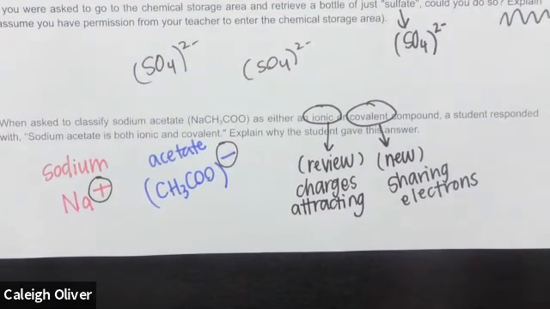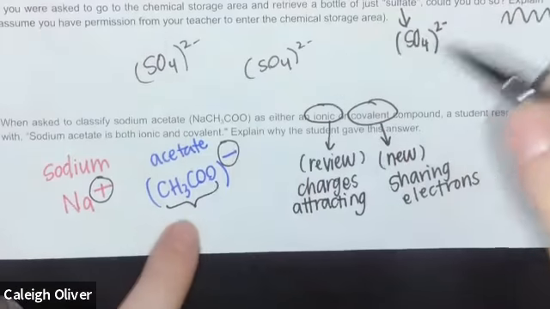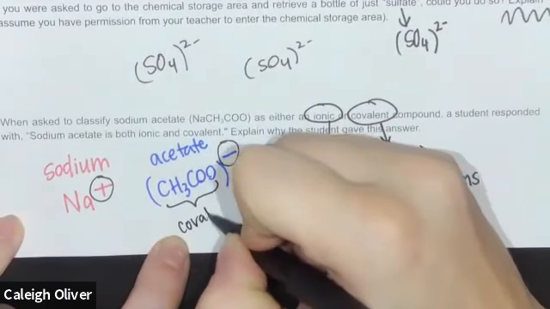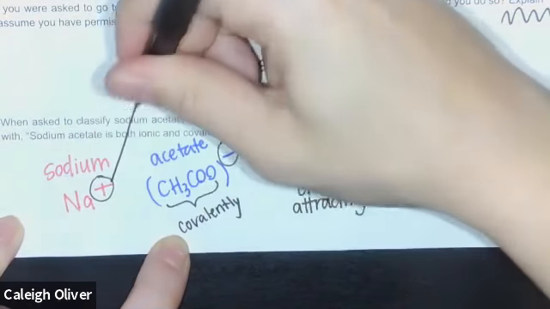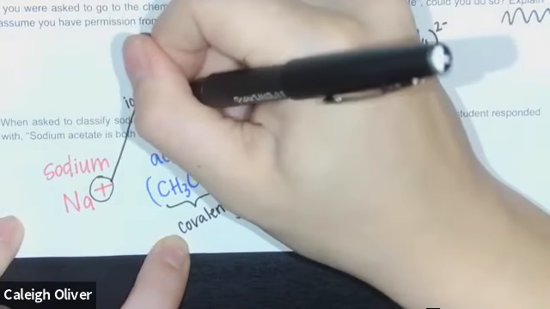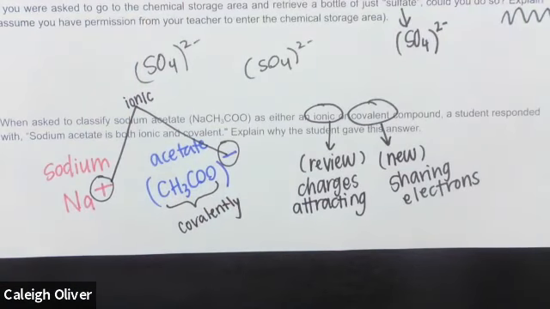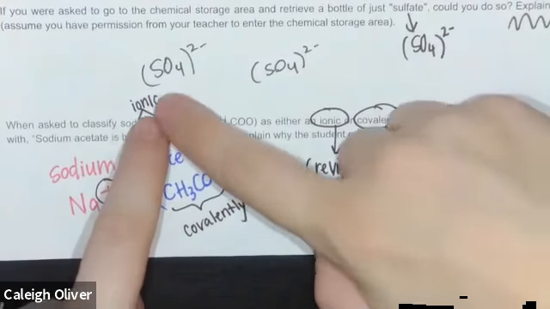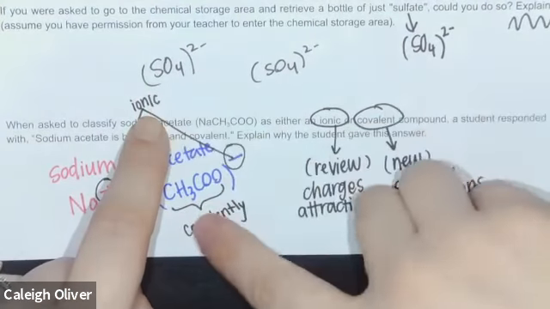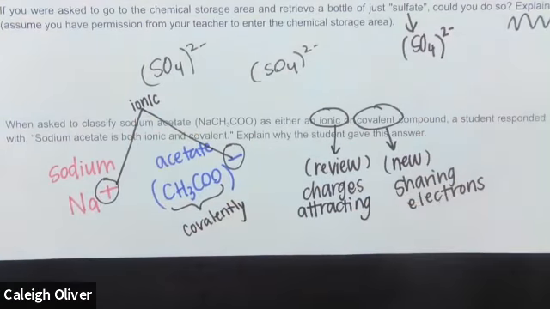But what you haven't learned yet that I'm explaining so you get the right answer is that this part is held together covalently. And this part here is held together ionically. When there's charges involved, it's ions. And Wednesday, we'll learn how they share electrons. That's going to be a different type of bonding.